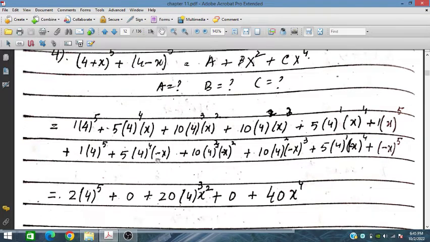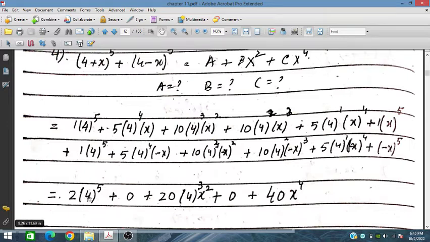So this will cancel out because plus minus minus, so this term will be cancelled, and similarly this term will be cancelled, and this term will also cancel. So we have this 40 x4, because this minus x power 4 will be positive. All the odd powers will be cancelled out by the upper one.